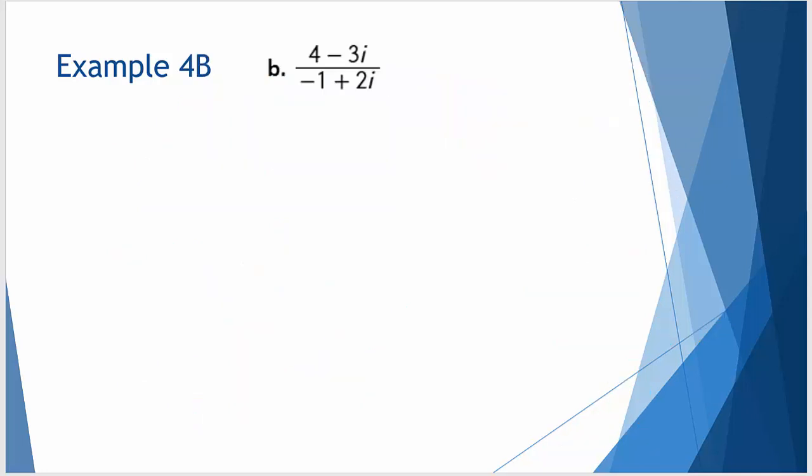So to simplify this, we have to make sure that there's no i in the denominator. So we're going to multiply the numerator and the denominator by the complex conjugate. The complex conjugate means that the real term stays the same and the imaginary term has the opposite sign.